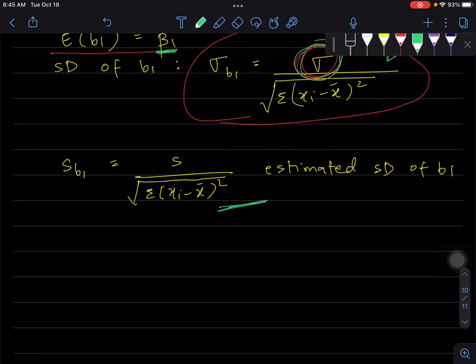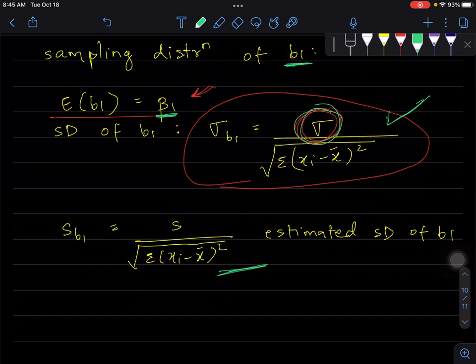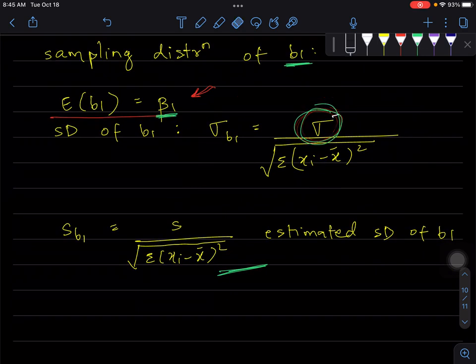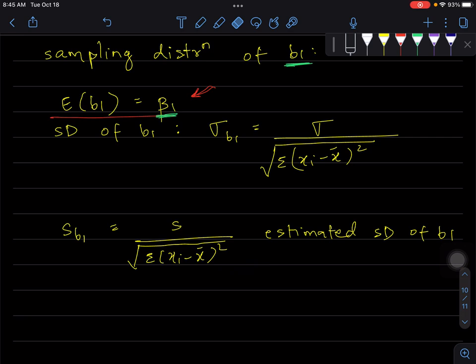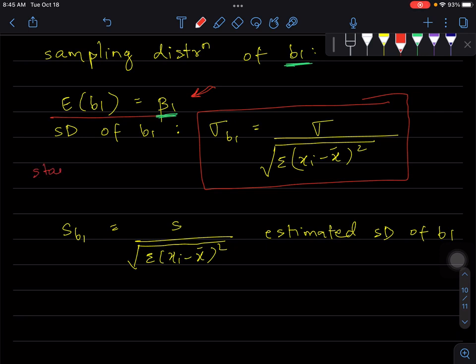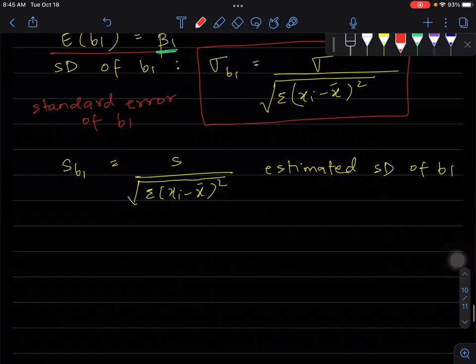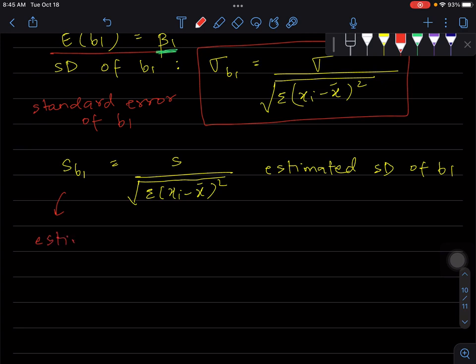So let me take another color here and get rid of a few of these. This here is also called the standard error of b1, and this essentially gives us the estimate of the standard error of b1.